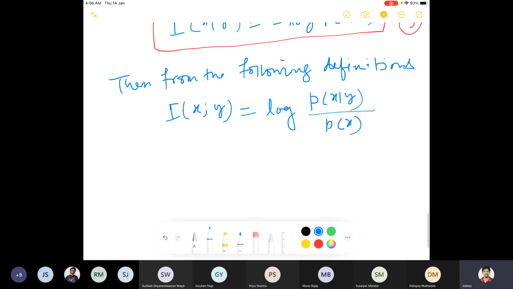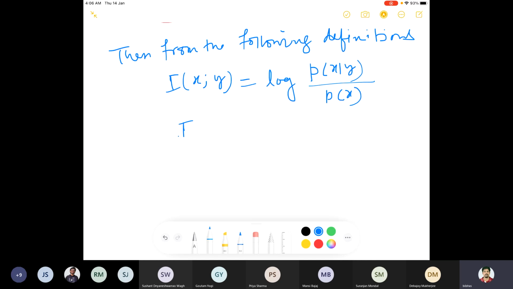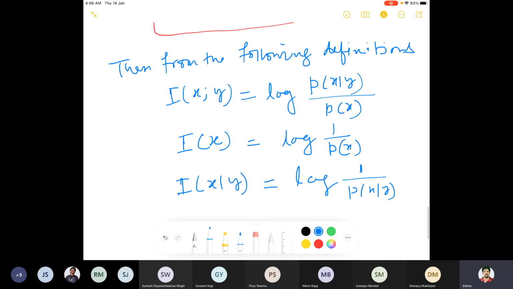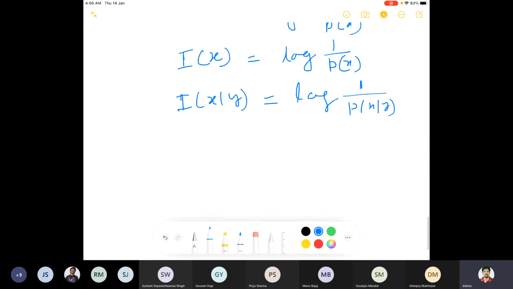This is the first definition. The second definition was Ix, which is log 1 by px. Now we have another definition, which is I of x given y, which is log of 1 by p of x given y. These are the three things you see.